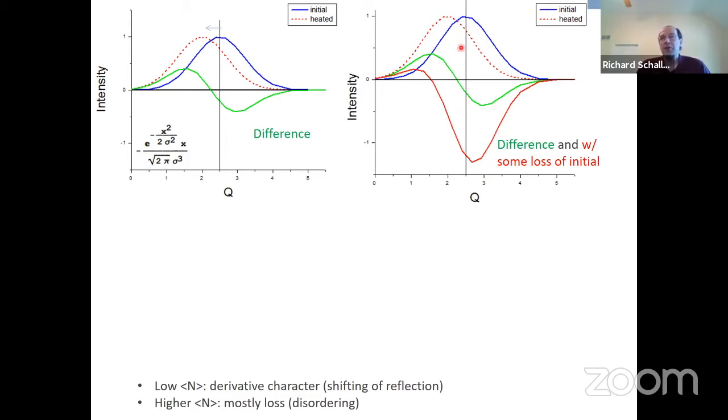So now your heated component wants to show a derivative, but there's some other population as well that is just loss of this blue peak. So if you just subtract off some of this blue peak before you difference it, what you get are these red types of line shapes where there's a positive little lobe at low Q. There's a dip, but notice it's not at the center of the static peak anymore either. That's influenced because of the fact that there's a derivative present as well. So that shifts it to higher Q in the negative component.